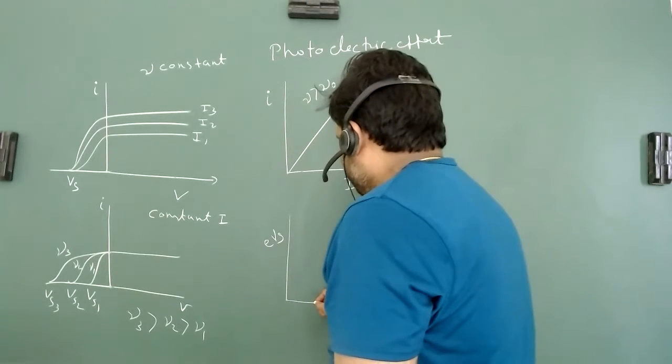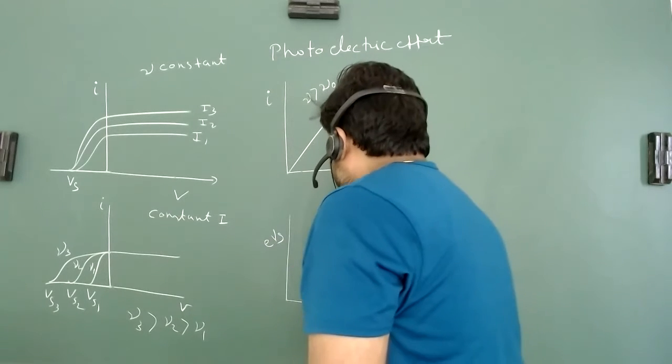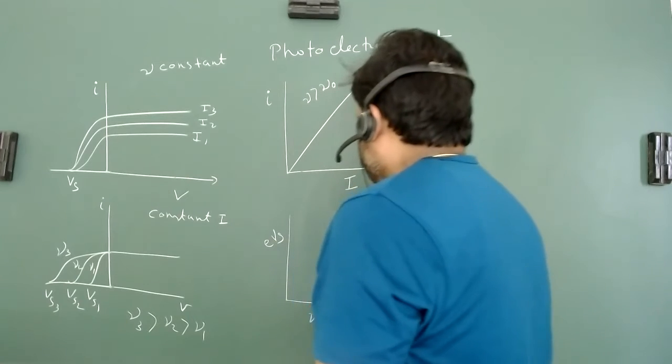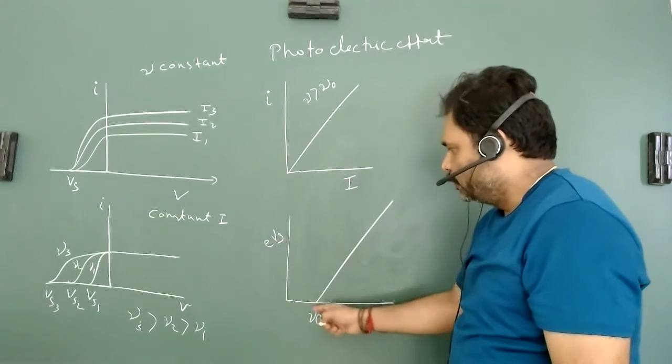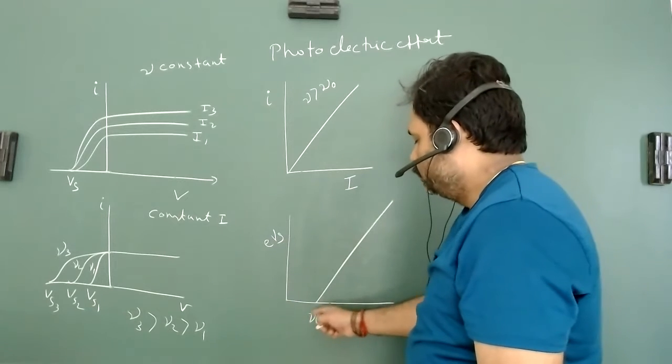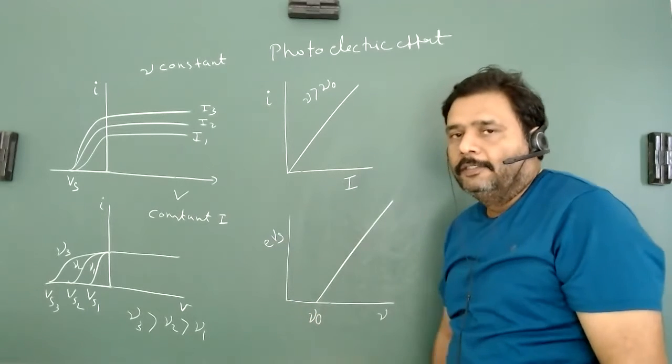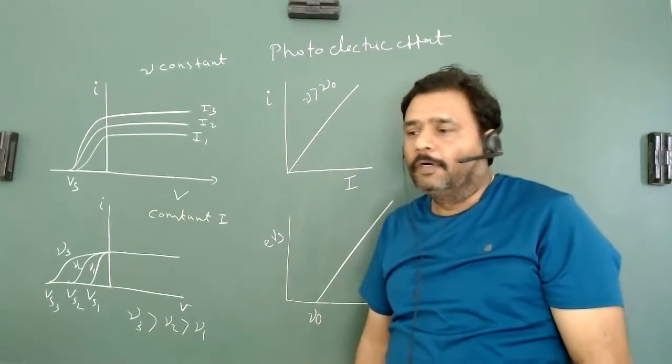Then we have the curve, something like that, and this value is nu naught, which is known as the threshold frequency, and the energy corresponding to this particular voltage is known as the work function.